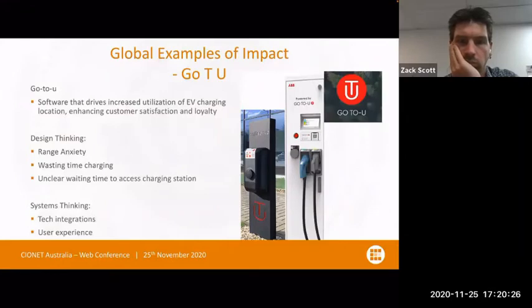But in order to deal with the range anxiety of people, when you have a platform like, so we work with GoToYou, they are actually out of the UK and Ukraine, and they're in Eastern Europe and other locations as well. And what they did was this process of going, we've got these electric vehicles, how do we actually identify what the issues are to get more electric vehicles out there?